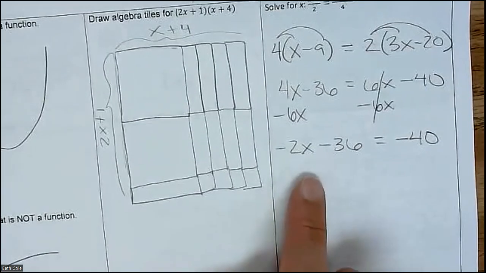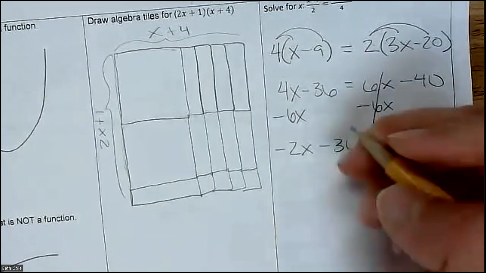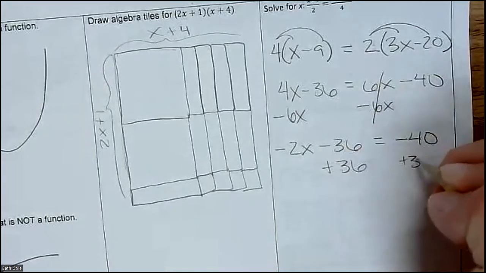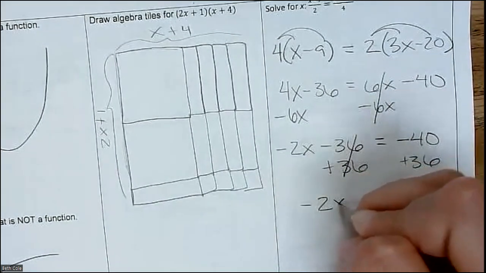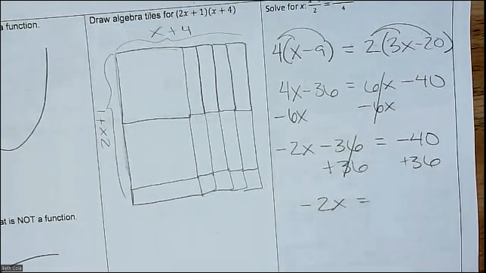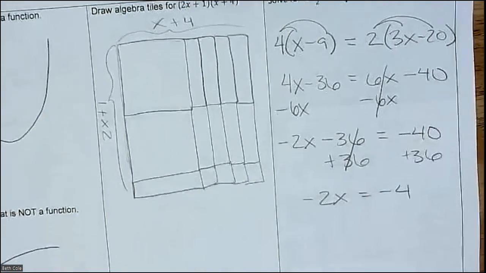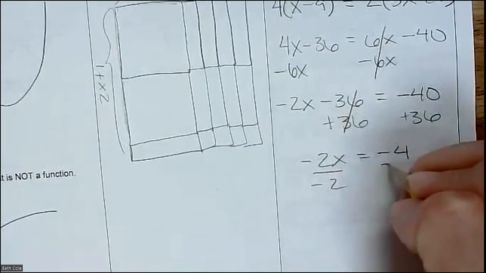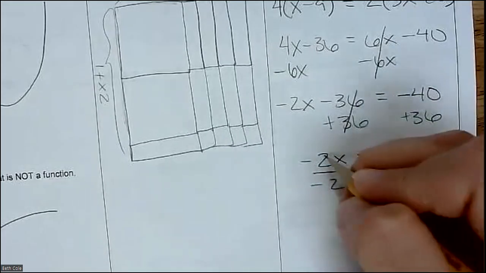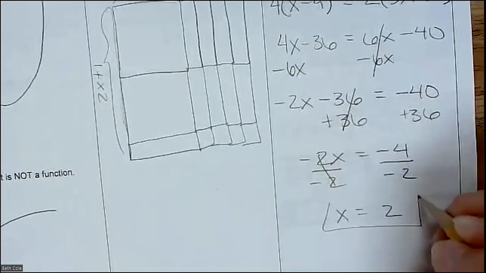Now that you have all the x's on one side, you start moving the numbers, so plus 36. Are you like done already? All right, negative 2x equals negative 4, divided by negative 2. Now, negatives cancel, so it'll be positive 2.